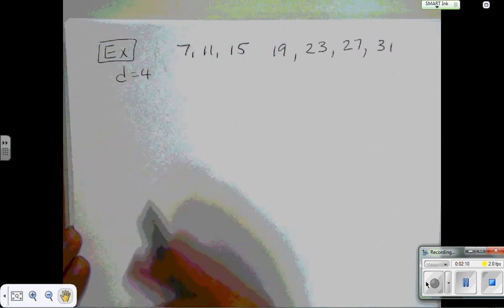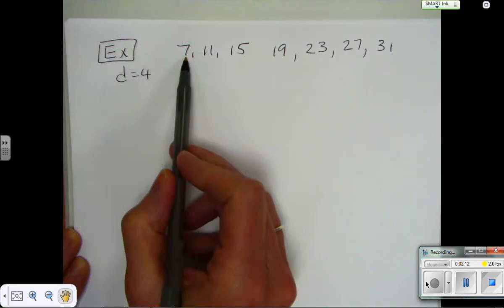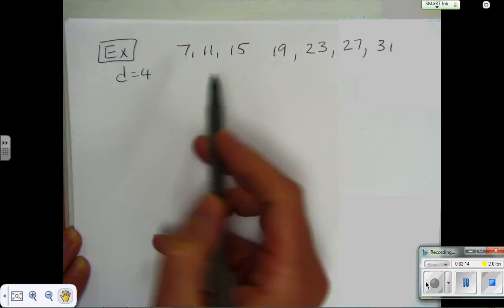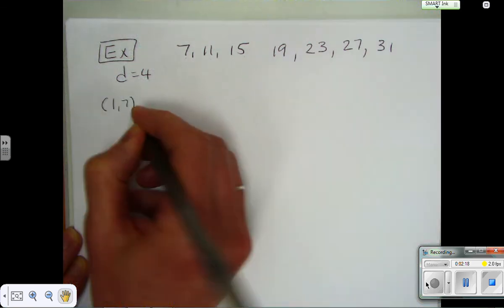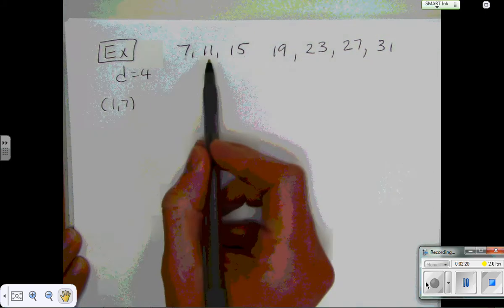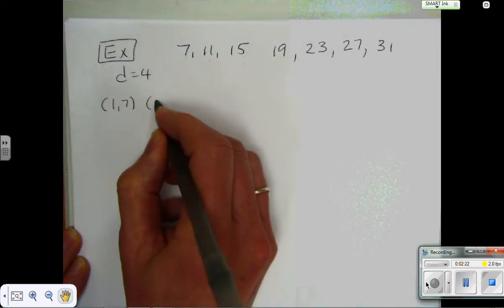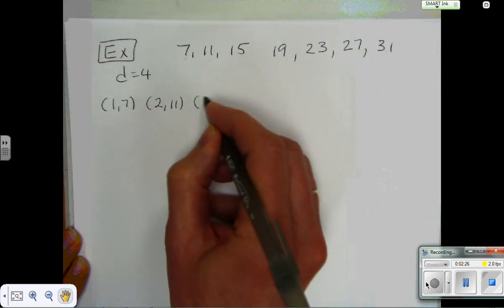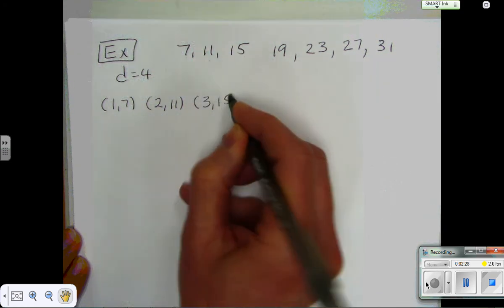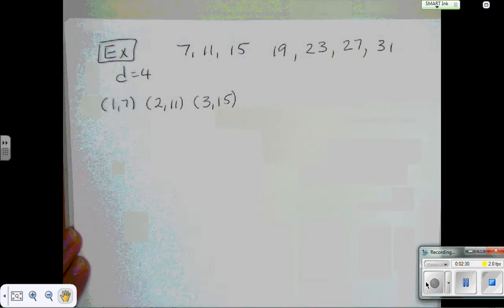Now to graph it, I'm going to use the order the number is and the number itself. So like 7 is the first number, so that coordinate is going to be 1, 7. 11 is the second number, so that coordinate would be 2, 11. The next one would be 3, 15. Now, whenever you're doing these problems on the worksheet, you don't need to write the coordinates down.